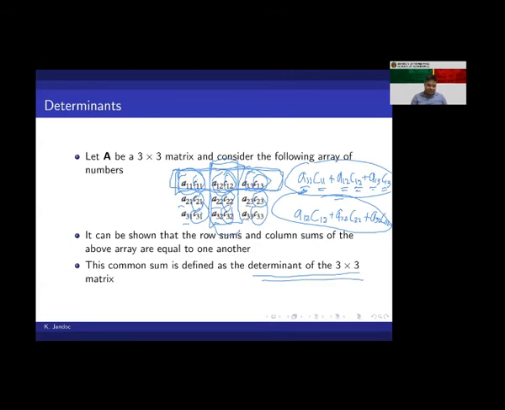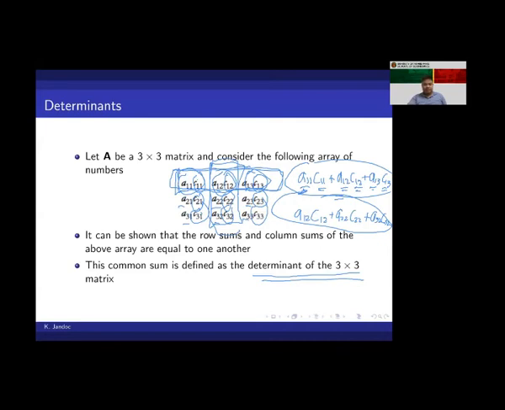3 by 3 matrix. It's a little bit more complicated than the case of a 2 by 2 matrix, because in the 3 by 3 matrix you have to compute the minor associated with each element, and then compute the cofactor associated with each element. Then you take the row sum or the column sum of each entry times its associated cofactor.